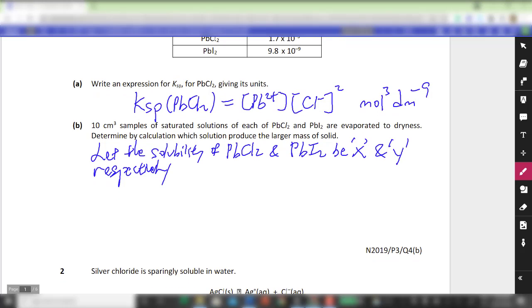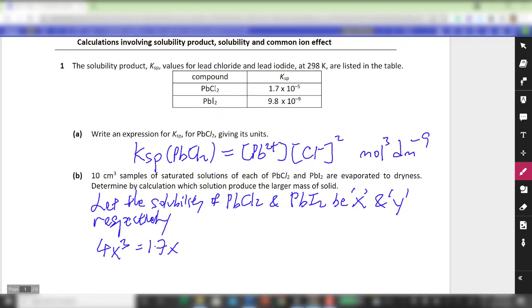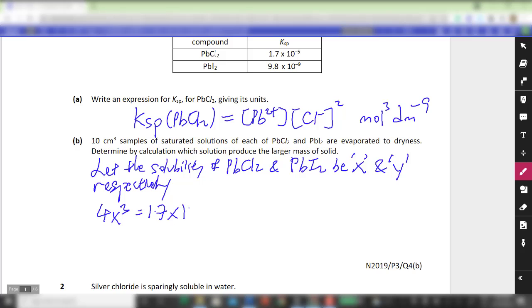Okay, so in this case we are going to get 4x^3 equals 1.7 times 10 to the power of minus 5. And then for PbI2 we're going to get 4y^3 equals 9.8 times 10 to the power of minus 9.